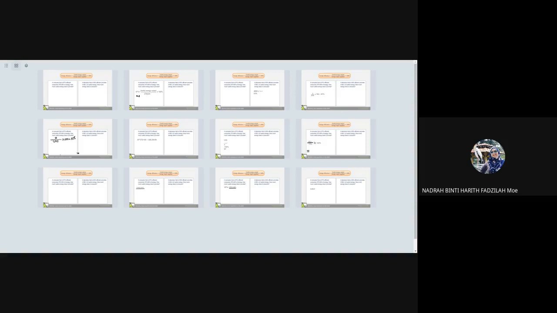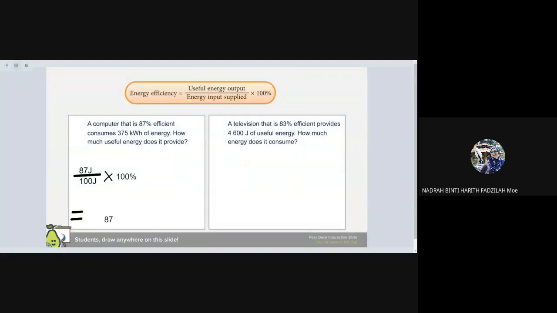Okay, inside the paddock right now, we have 23 people. 11 have not responded. Irshad, what do you think? How do we do the calculations for the TV question and also the computer question? Macam mana kita nak calculate? So for example, the first question wants to know the useful energy output. Basically dia nak useful energy output lah.